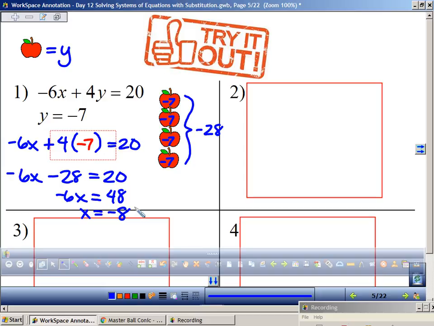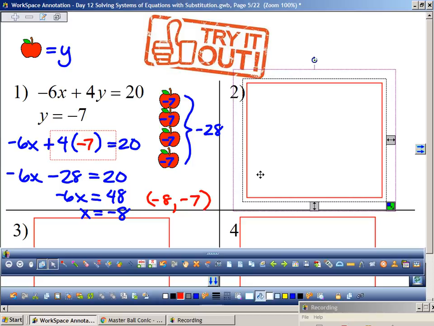So the point of intersection would be at negative 8, negative 7. If there are 2 arrows being shot into the air with these paths, they would meet at negative 8, negative 7.